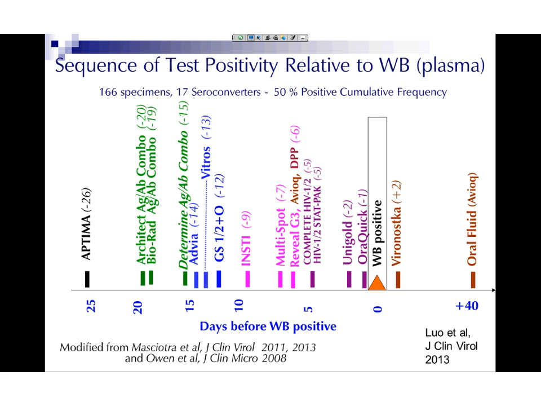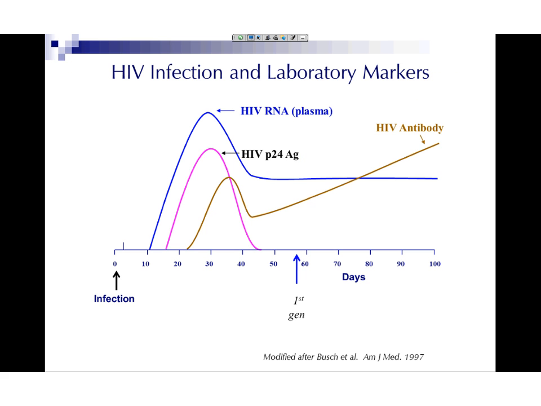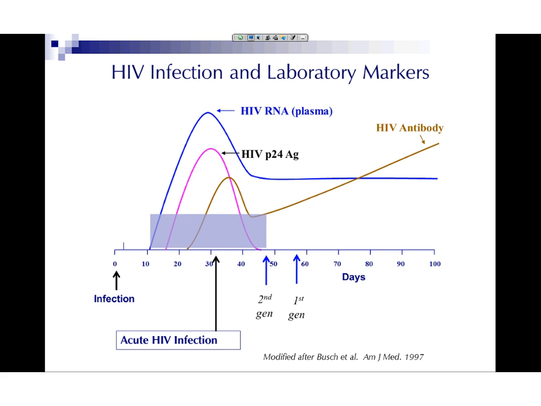In terms of looking at the period of acute infection, we define acute HIV infection as the time between RNA's appearance, when a person becomes infectious, and the time that infection is detected. So with the first generation tests, including the Western blot, we're talking about a period of basically 7 or nearly 8 weeks between the time that a person is infectious and the time that the test picks up infection. With the second generation tests, again including most of the rapid tests, the interval is somewhat shorter.